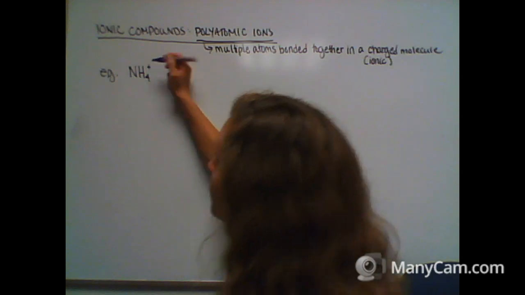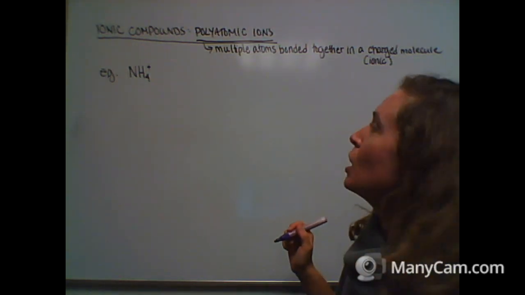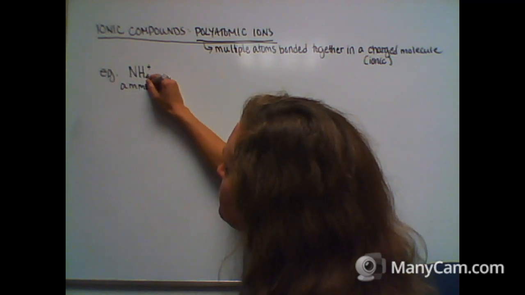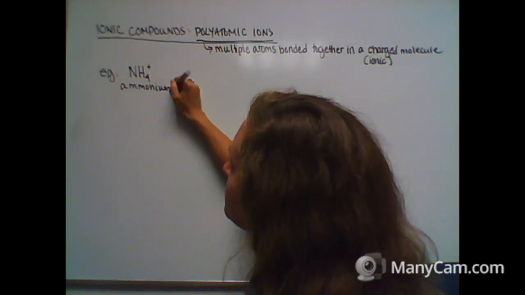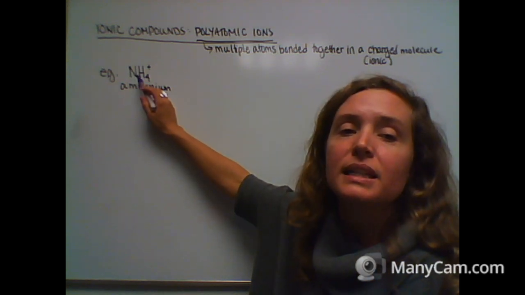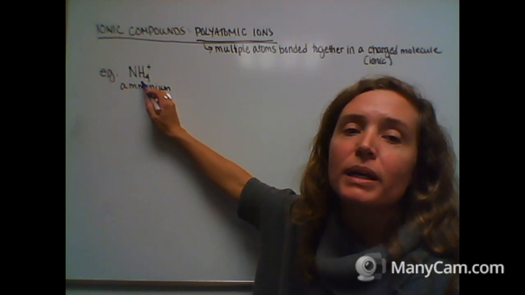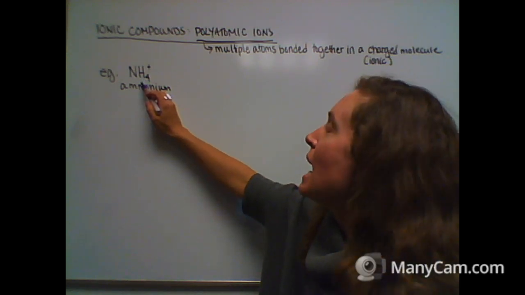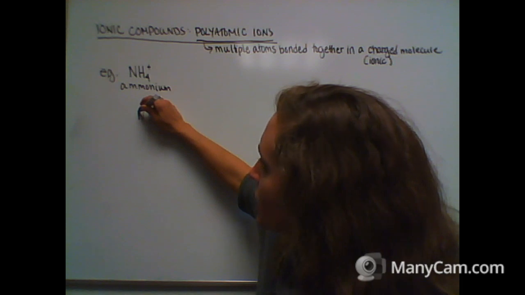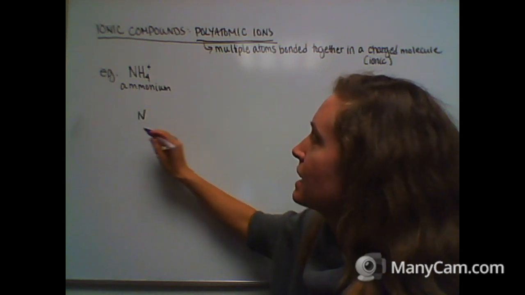NH4+. This is what we call ammonium. And as we can see, there is more than one type of element in this ion. So it's a polyatomic ion, more than one type of atom. And the way that this is bonded together, I like to show my students because it gives us a clearer picture of what's actually happening in this ion.